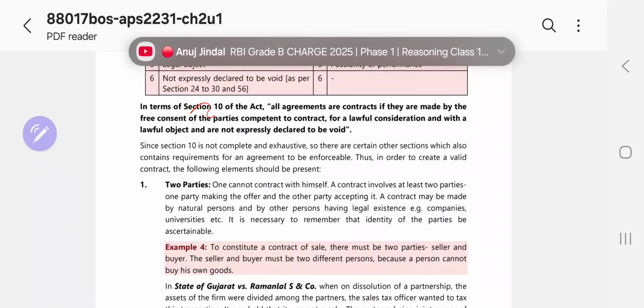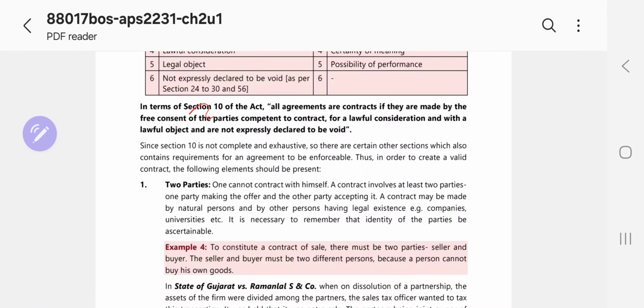So, in terms of Section 10 of the Act, all agreements are contracts if they are made by the free consent of the parties competent to contract, for a lawful consideration and with a lawful object, and are not expressly declared to be void.